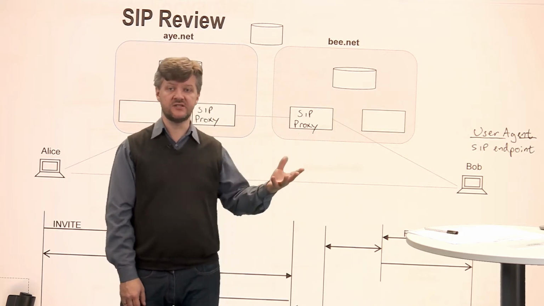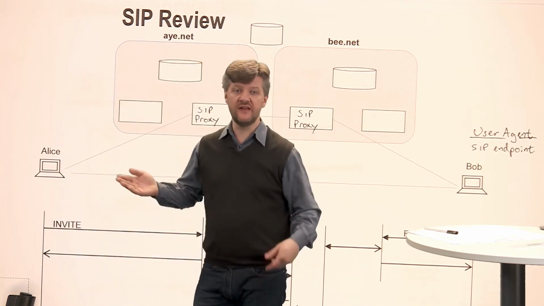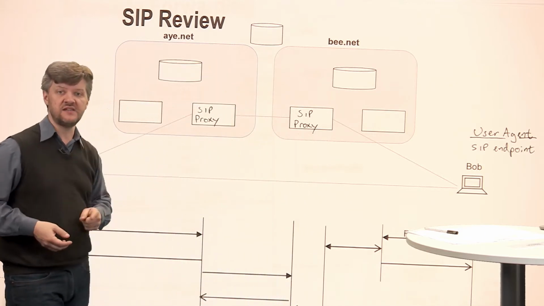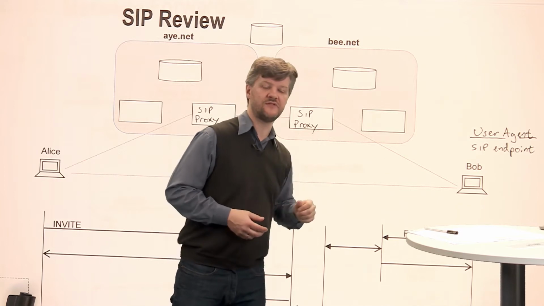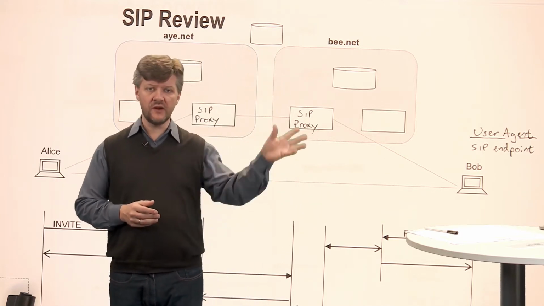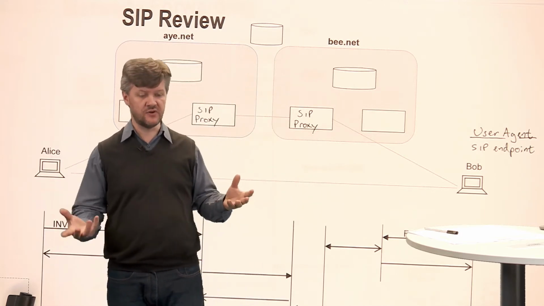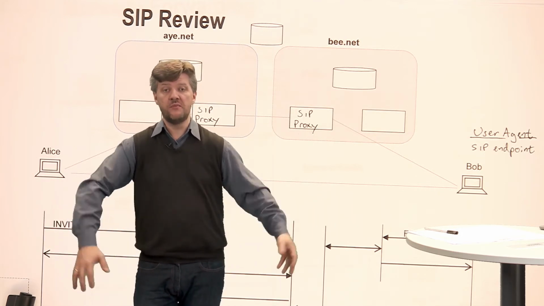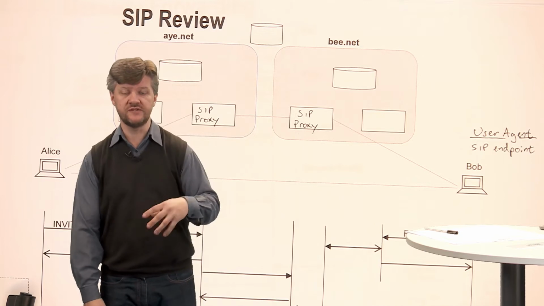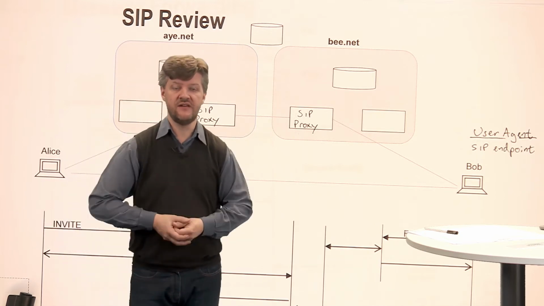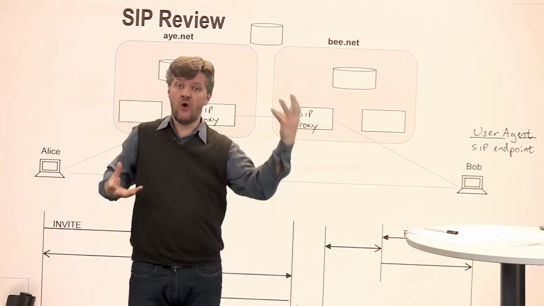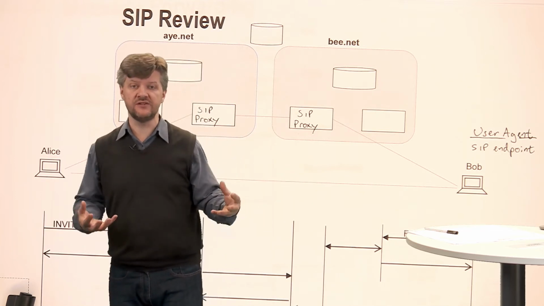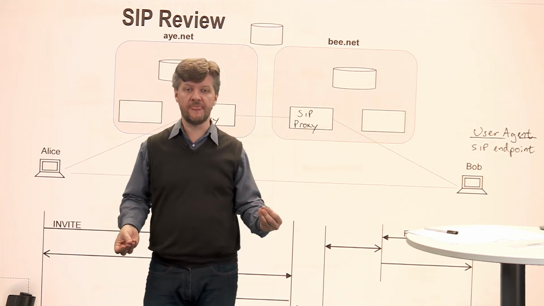So in this example, for instance, if Alice over here calls Bob, there will be some kind of message, an invite going like this, swish from left to right. If one of these proxies decides to return an error message of some kind, I can't find Bob or something, then it will create a response. It will thereby, by its very nature, be the endpoint for that message. So it will act as a user agent if it creates a response.